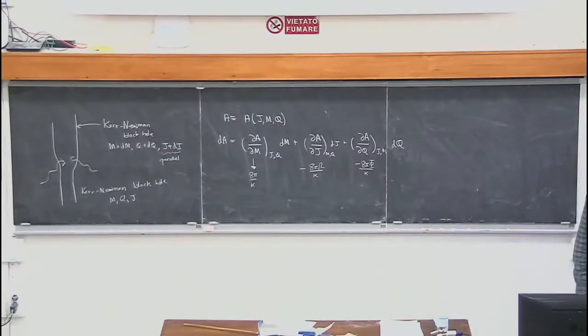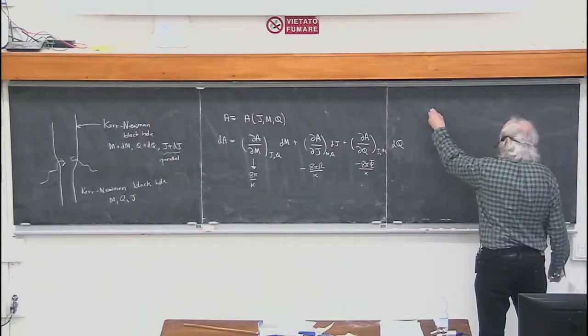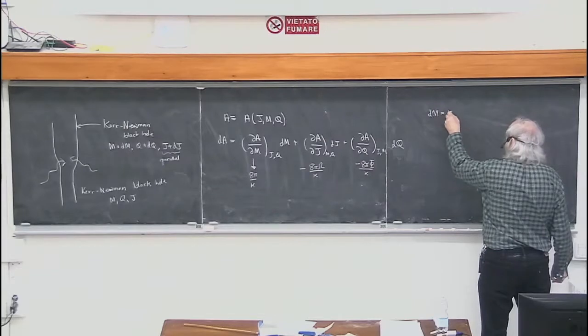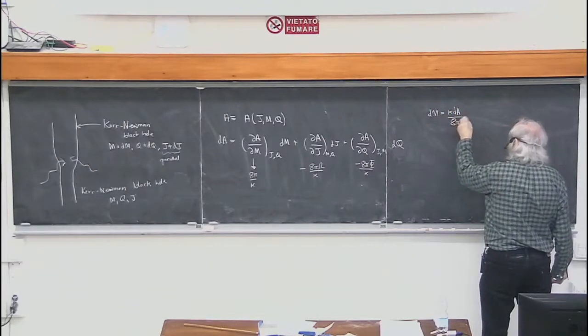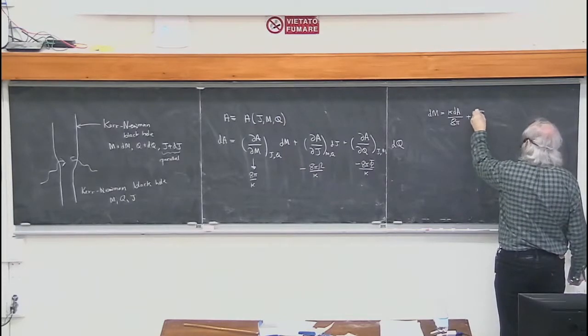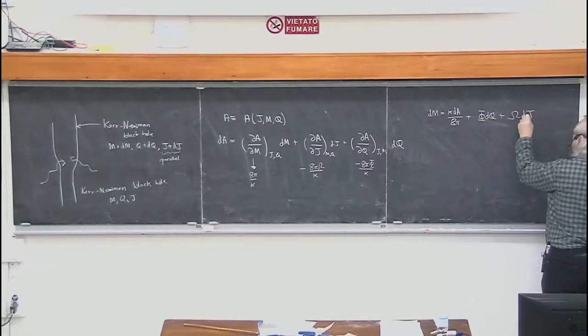So I can rewrite that in a slightly more suggestive way. dm is equal to kappa dA over 8 pi plus phi dq plus omega dj.